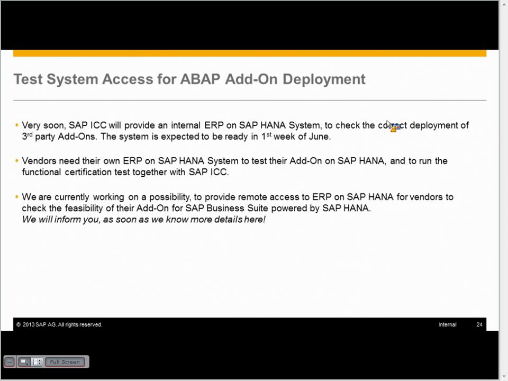We are currently working on a possibility to also provide remote access to other vendors so that they can check the feasibility of the add-on for Suite on HANA, if it could perhaps run at good performance without any change. And then we could also do the certification on this Suite on HANA system. We are still exploring the possibilities here, but sure, we will inform you as soon as we know more details here also regarding the timeline.